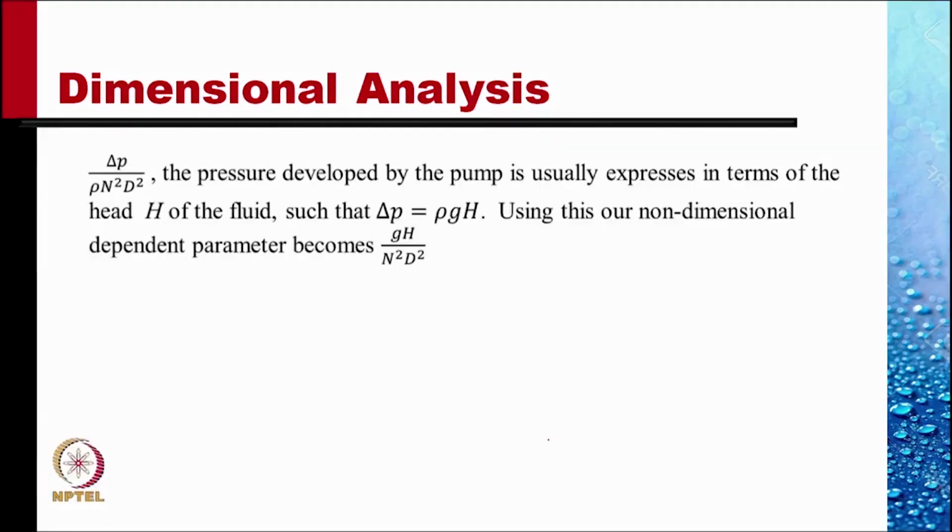So we can say delta P divided by rho n square d square is the pressure developed by a pump, which is usually expressed in terms of the head h of the liquid, such that delta P is equal to rho g h. Using this, our non-dimensional dependent parameter becomes g h by n square d square.